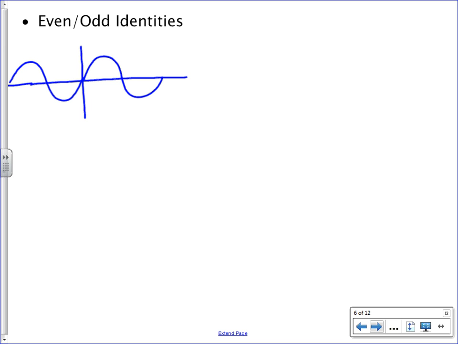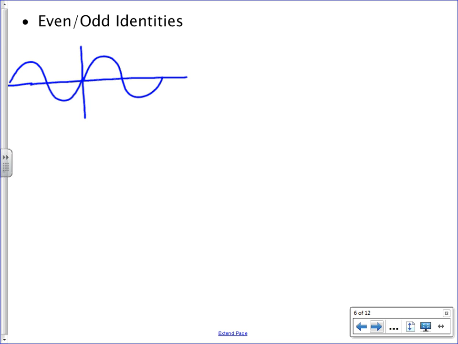Is this an odd or even function? Let's talk about graphic properties. One is symmetric about the y-axis, one is symmetric about the origin, which is which? Odd has origin symmetry. What is this symmetric about? This is symmetric about the origin, so it is an odd function.